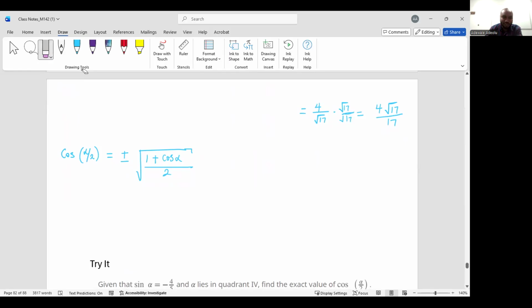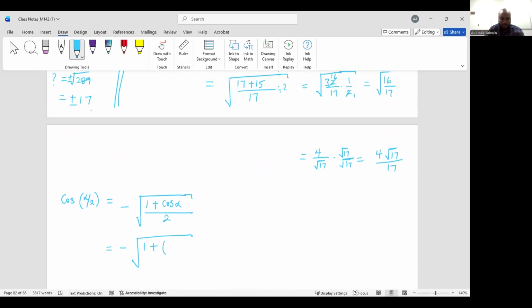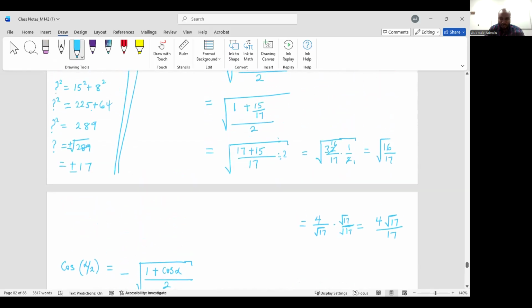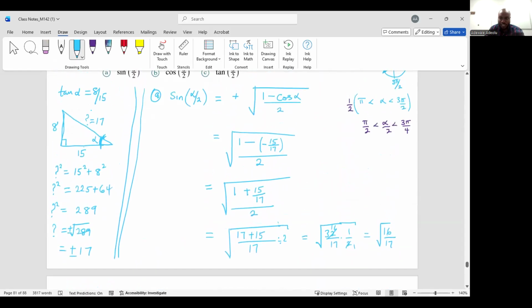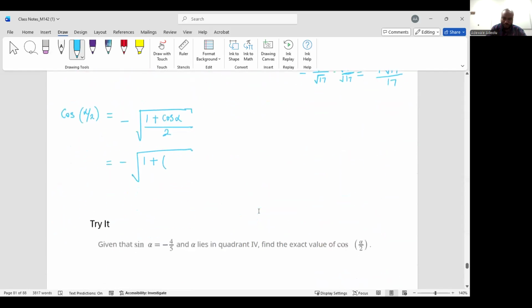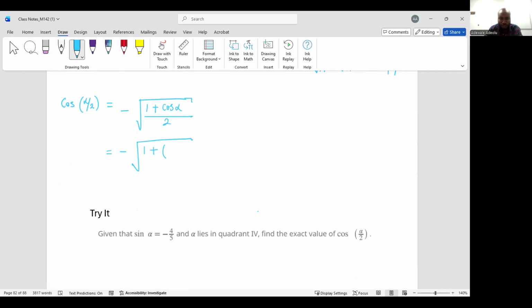So we are dealing with negative there. So it equals minus the square root of 1 plus cosine of alpha, over 2. Now, what is cosine of alpha? We found it the other time and it is negative 15 over 17. It is negative because alpha itself is in Q3, so cosine is negative there. So that is minus the square root of 1 plus negative 15 over 17, divided by 2, which is minus the square root of 17 minus 15 over 17, divided by 2.